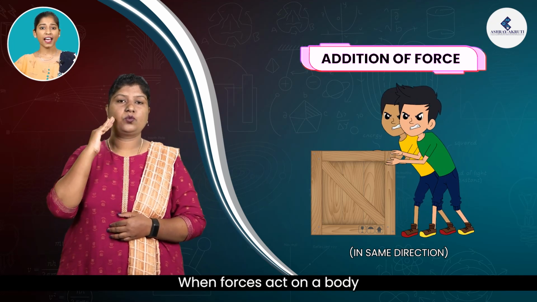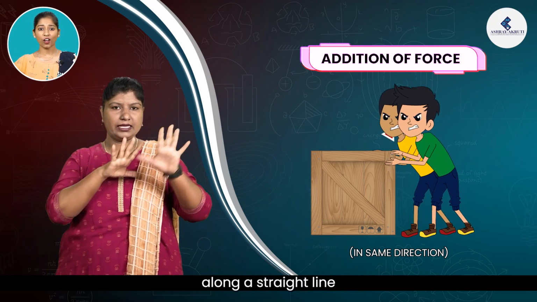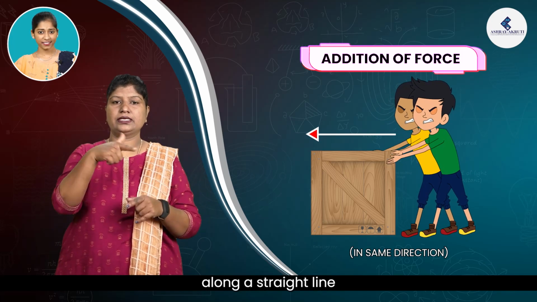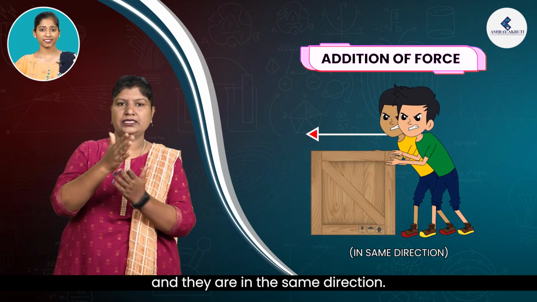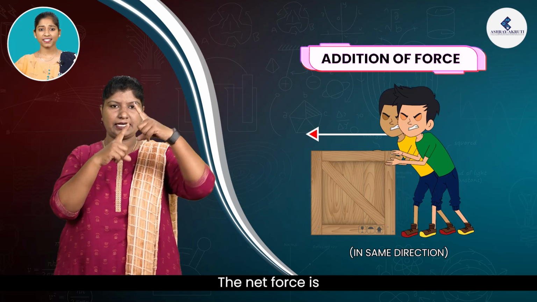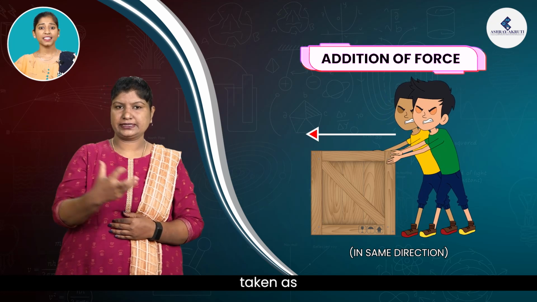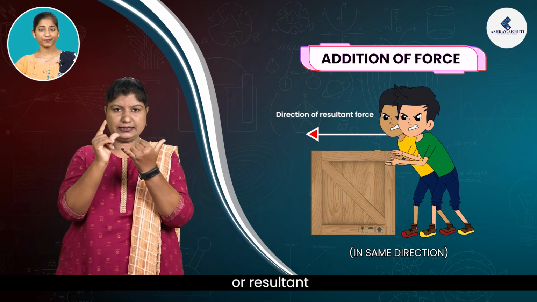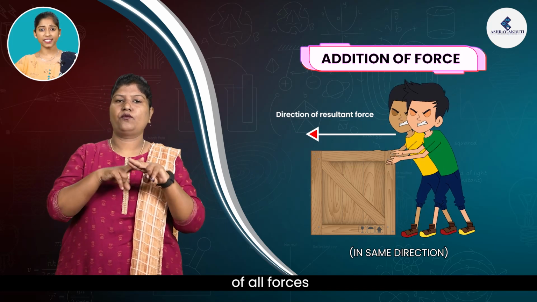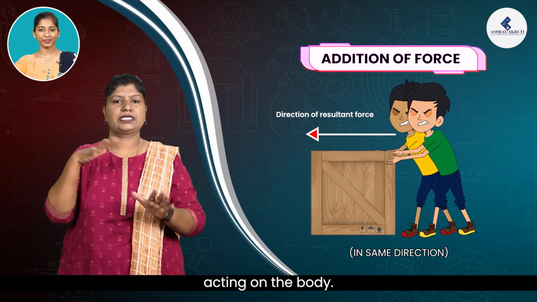When forces act on a body along a straight line and they are in the same direction, the net force is taken as the sum or resultant of all forces acting on the body.